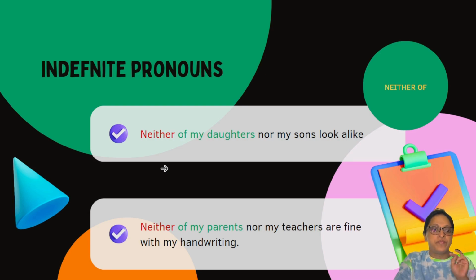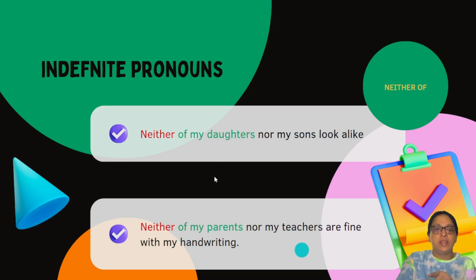None of them. So "neither of my parents," and along with that, I'm putting in a conjunction and saying "my teachers." So I'm saying it is not only my parents, but my teachers also. That is the meaning of the sentence. So "neither of my parents nor my teachers." When I'm adding some more information with a conjunction, I'm saying my teachers are also not fine.